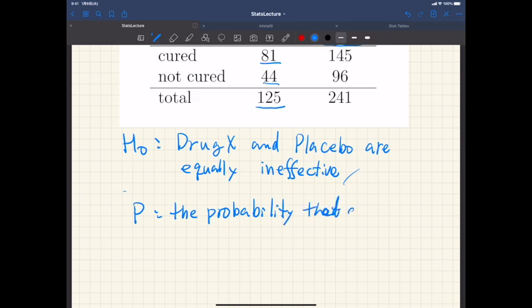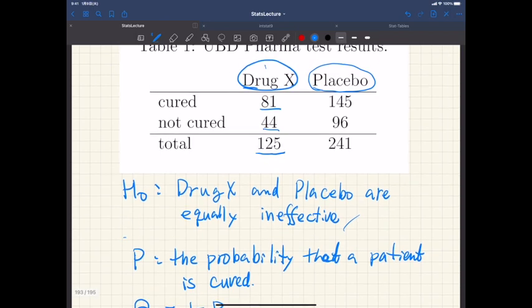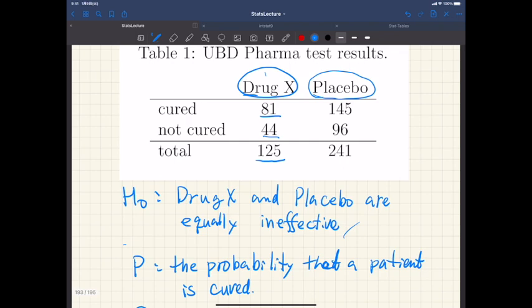And let's say Q is 1 minus P. And let's say this 125 is N1 and this is N2.